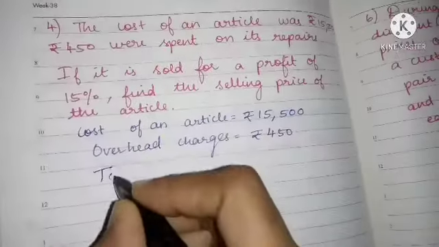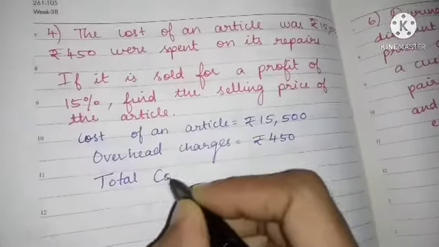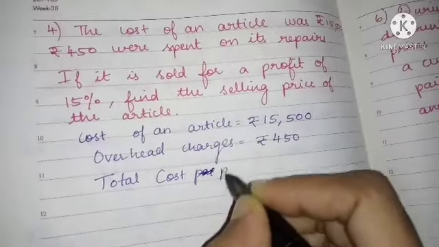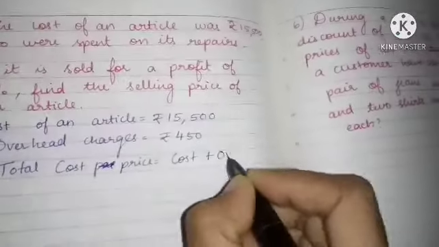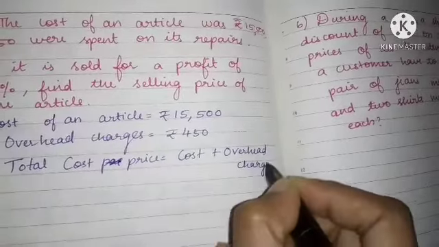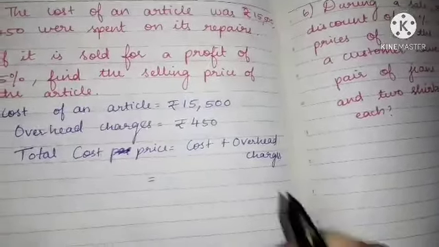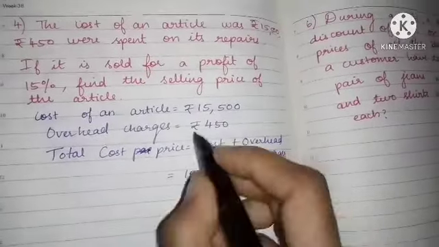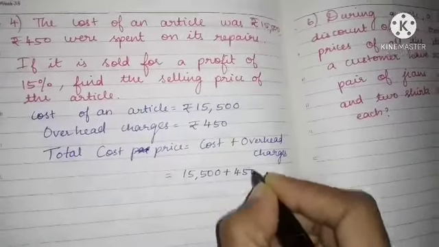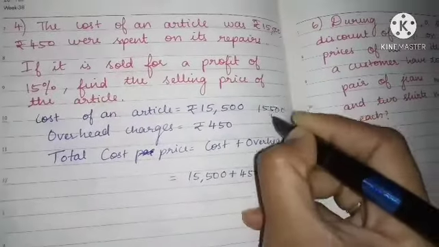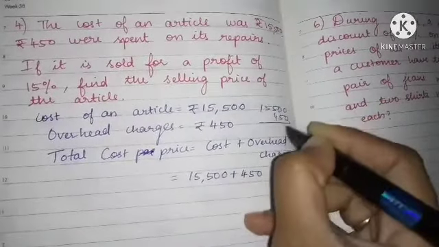So what will be the total cost price? Total cost price is equal to cost plus overhead charges. What is your cost? 15,500 plus overhead charges 450. I am adding it.